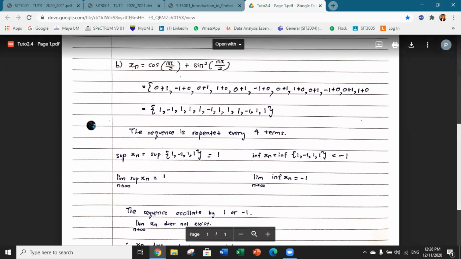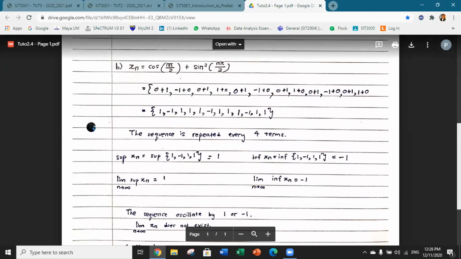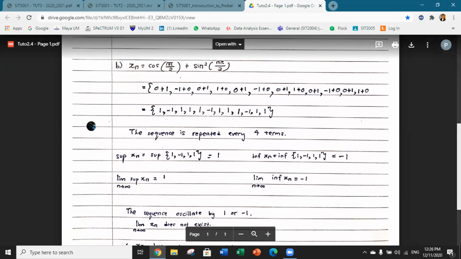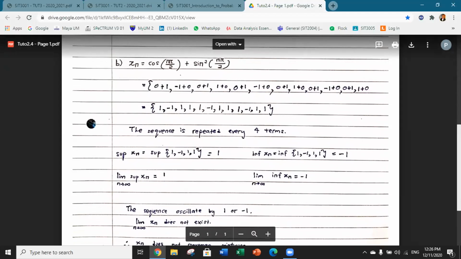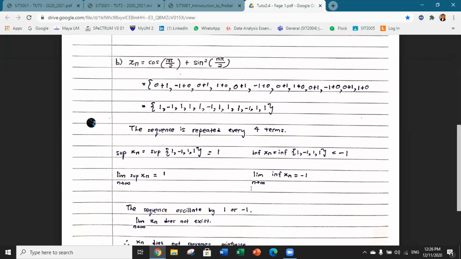Your argument is just that in the whole thing, it never runs above 1 and it never goes below -1. So your argument is a bit incomplete, not watertight. Although the answer is correct, the argument is not watertight.